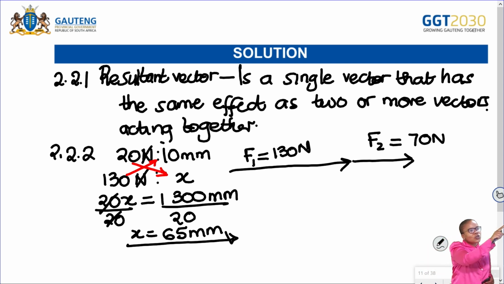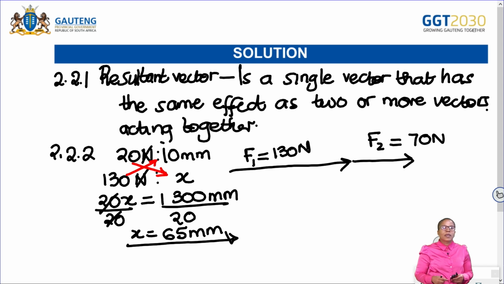But in the drawing, you have reduced it using a scale. So these are the two forces. You do the same thing on your F2, which is your 70 newtons, and you reduce it so that you know how much you should be drawing on your piece of paper. But don't forget, when you are labeling it, your F2 still remains your 70 newtons.